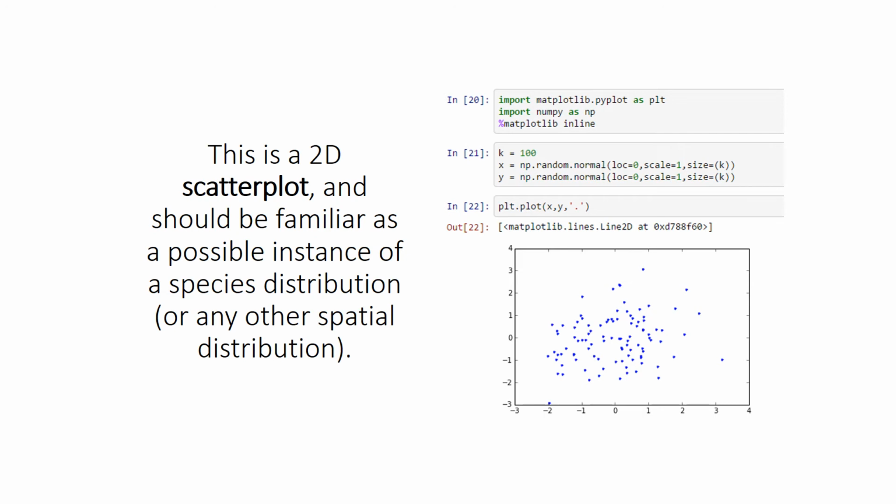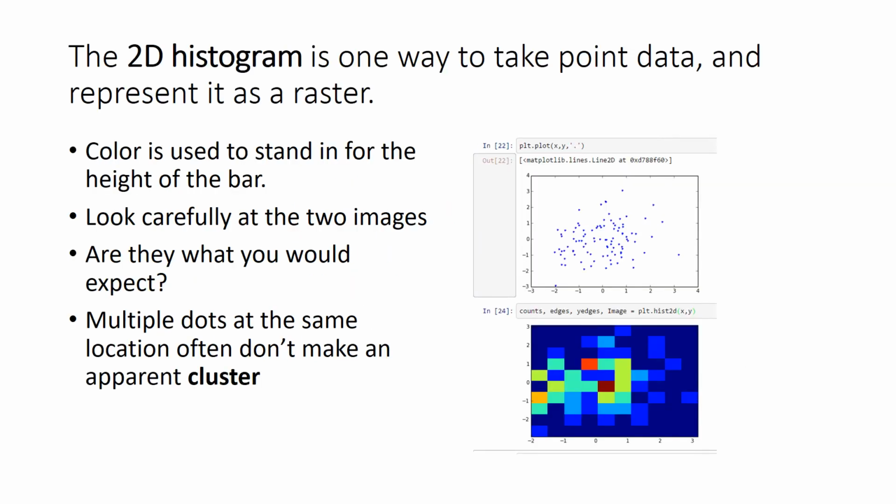Let's say we send out 10 or 20 volunteers and they're out combing the area, and what they're trying to do is count how many whatevers, timber rattlesnakes or whatever they are, they see. This is the kind of data that you might get back if you sent those people out into the field to collect data like that. So the question is, how do we turn this into a better visualization, a more appropriate visualization?